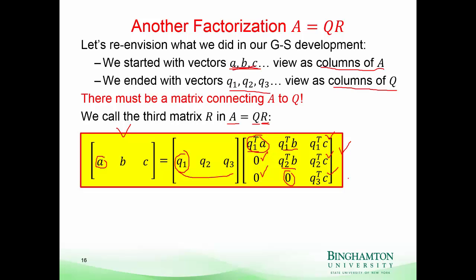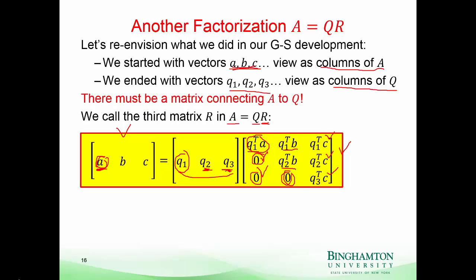Now, remember, since A was what we started with, and we made sure that the resulting Q2 and Q3 were orthogonal to A, we could really say that each one of these elements here is always all the inner products, right?